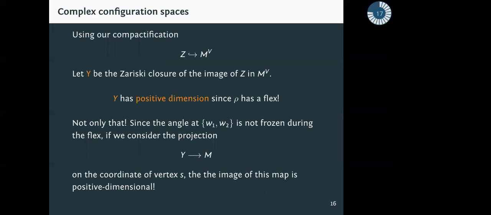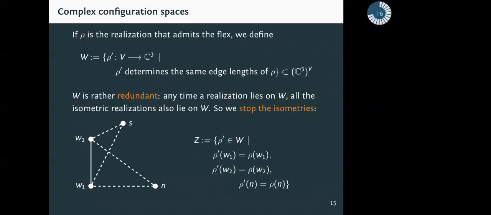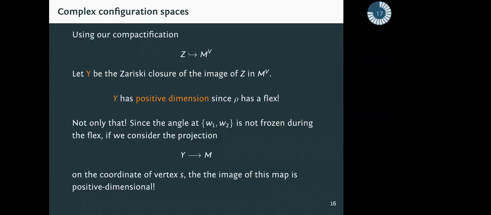Z is a subset of (C^3)^V, as W was, and now C^3 can be embedded in M, so (C^3)^V can be embedded in M^V. Y is the Zariski closure of this image.